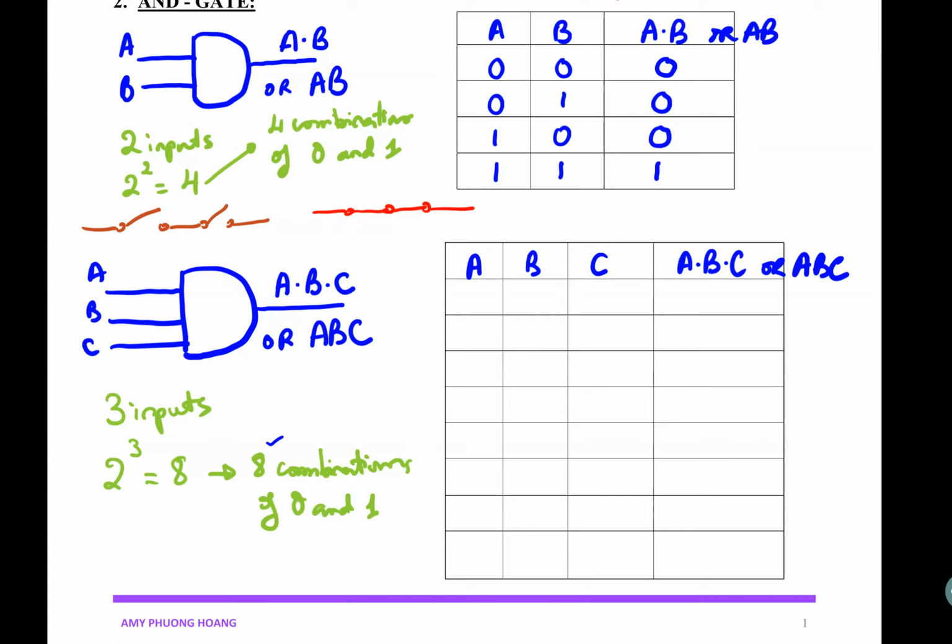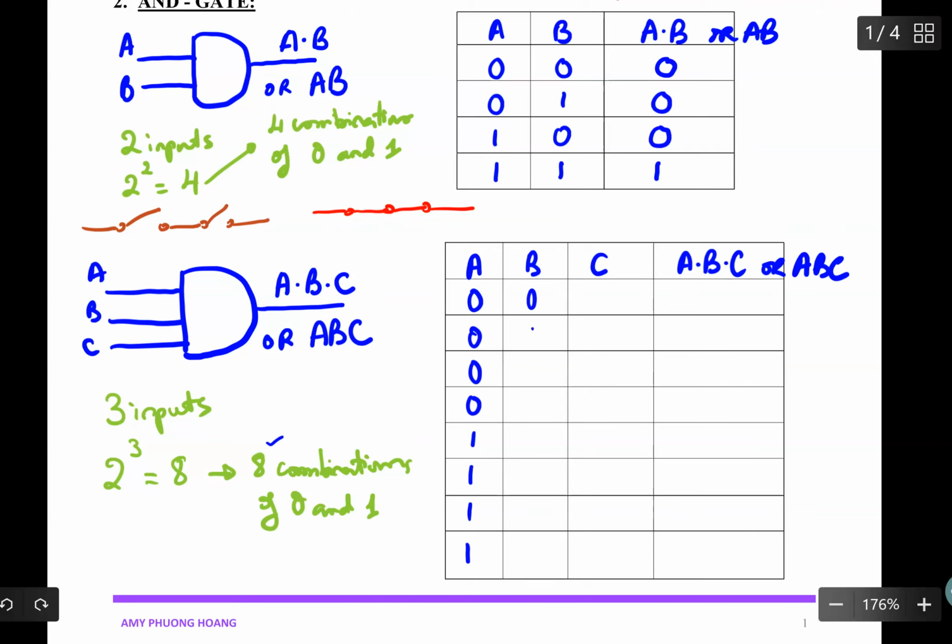And to be consistent, I would like everyone to start with 0. So to start with 0, the first column, you should have 4 zeros, then 4 ones. The second column for B, you should have 2 zeros, then 2 ones, 2 zeros, and 2 ones.